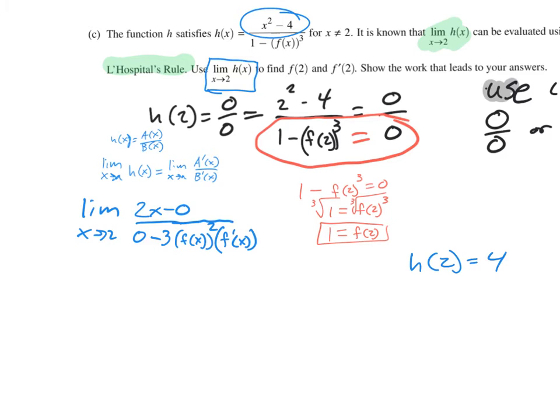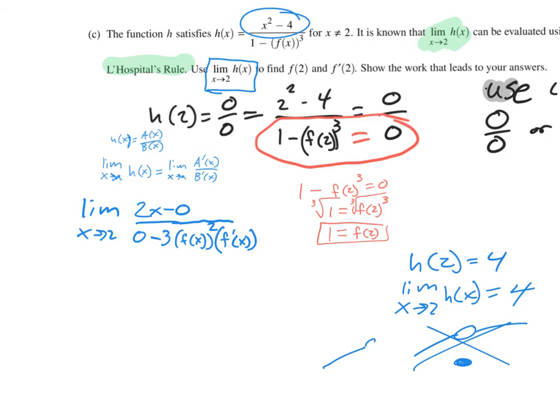That's very important because if h of 2 equals 4, then the limit as x approaches 2 of h of x also equals 4. That has to be the case, because they tell us it's twice differentiable, so we know it's continuous. We don't have any jumps, and we don't have a hole with a different value there. What we might have is something that fills a hole, so it's continuous. So this has to be true.